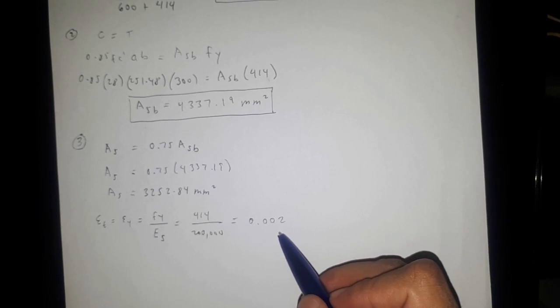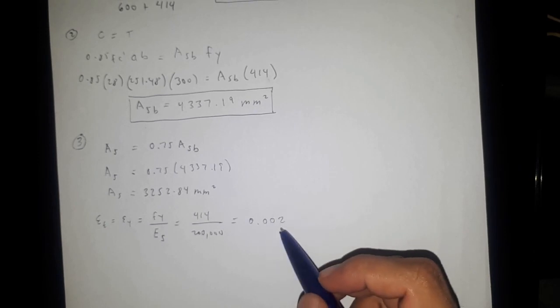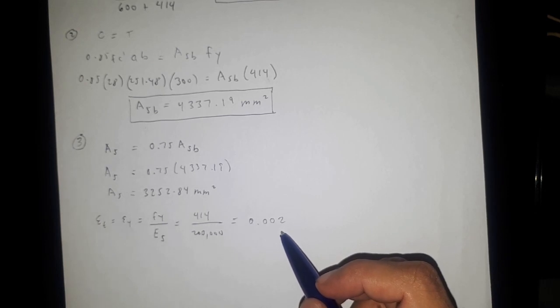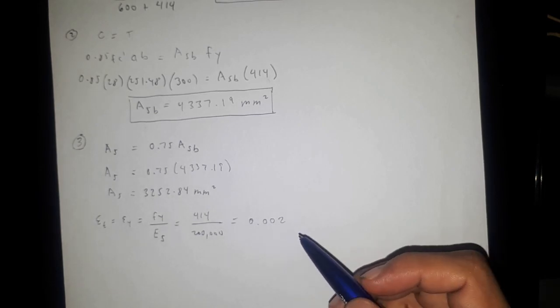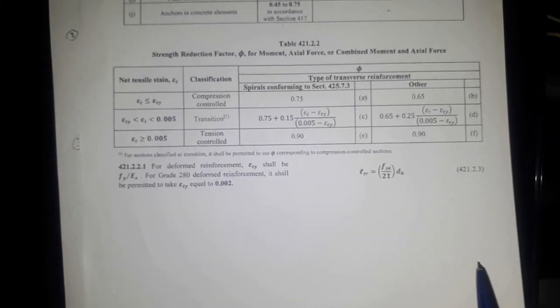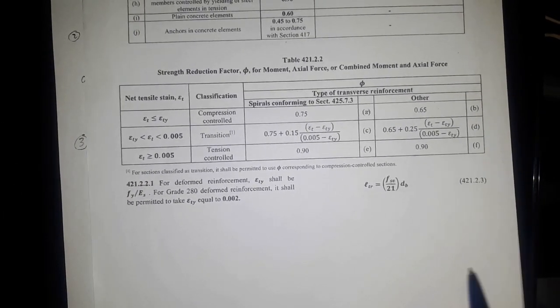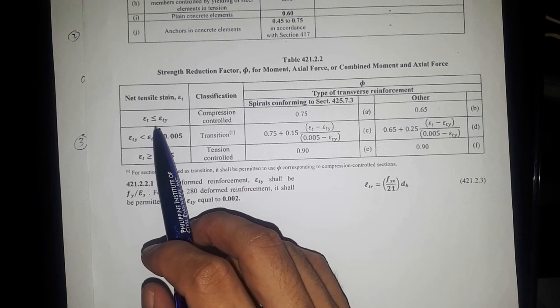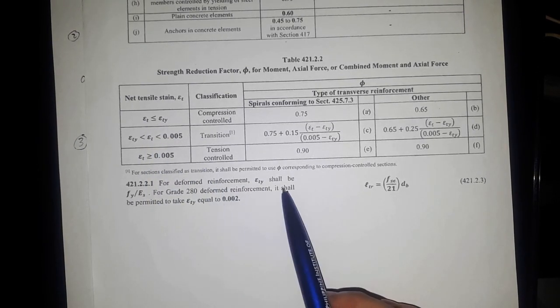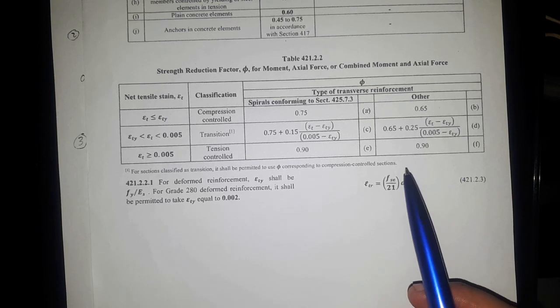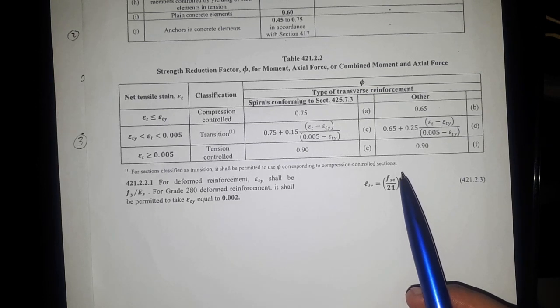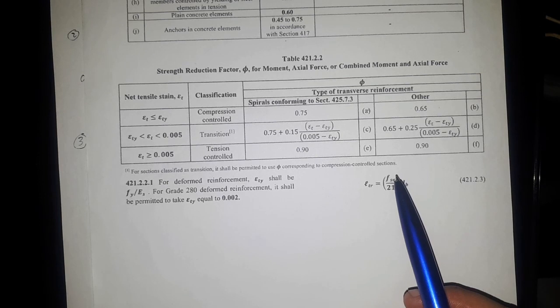So let us determine the corresponding reduction factor for the ultimate moment, or Mu. Since the tensile strain, our reinforcement is not grade 280 but grade 414, 414 MPa.